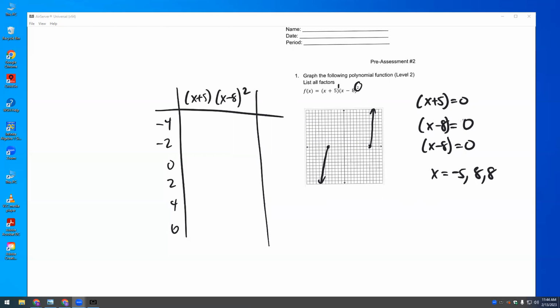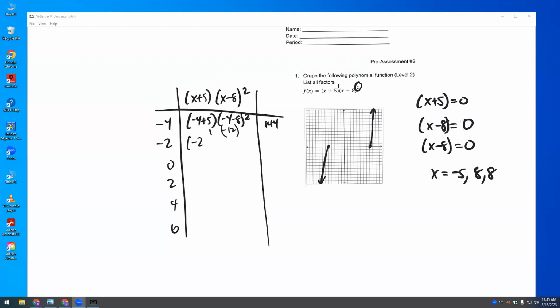So you go -4 plus 5, -4 minus 8 squared. So this is what? 1, -12. This is going to be a big number. So that's positive 12 squared, and that's 144. And then -2. Don't get freaked out by these numbers. It's big, I know, but these are exponents, so they're going to go crazy.